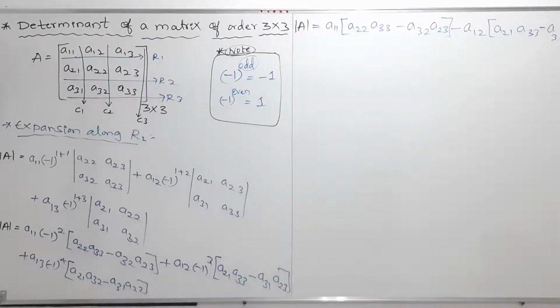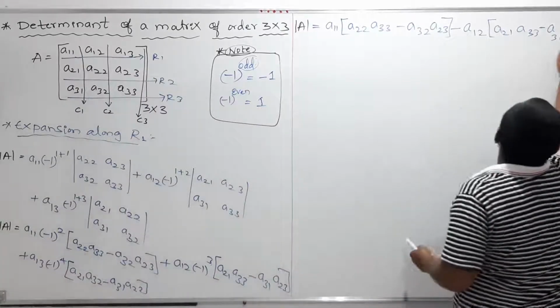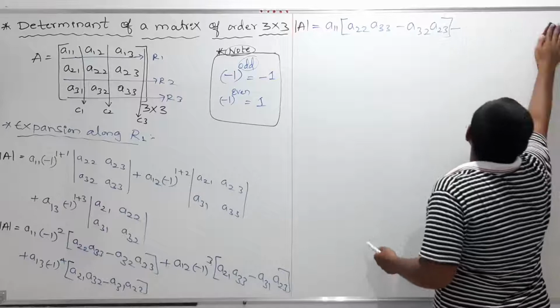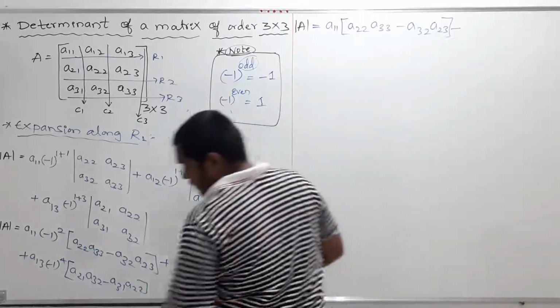Here it is A21, A33 minus A31, A23. Here there is not sufficient space, so I will write below, my dear students.